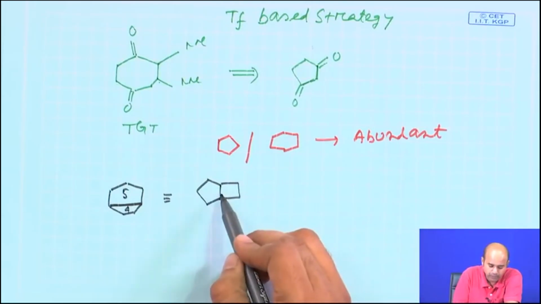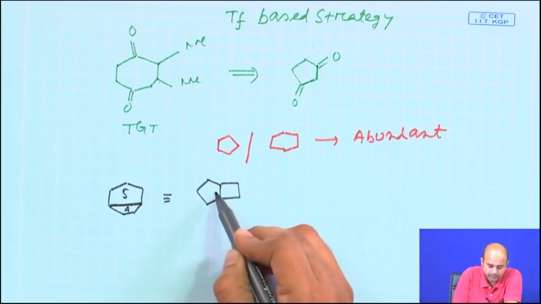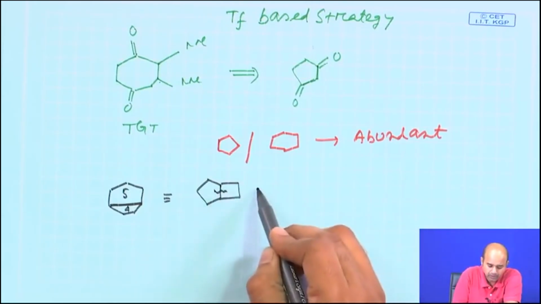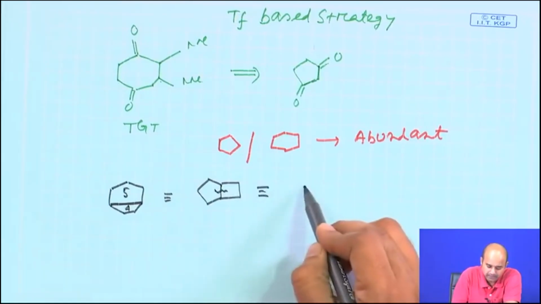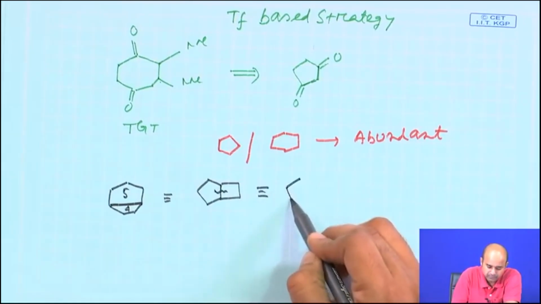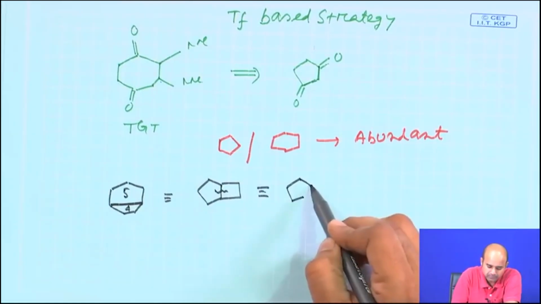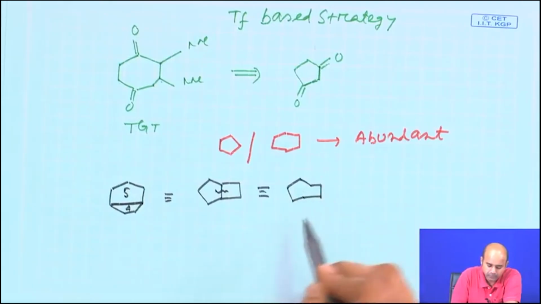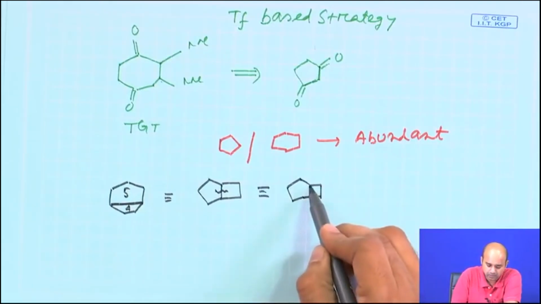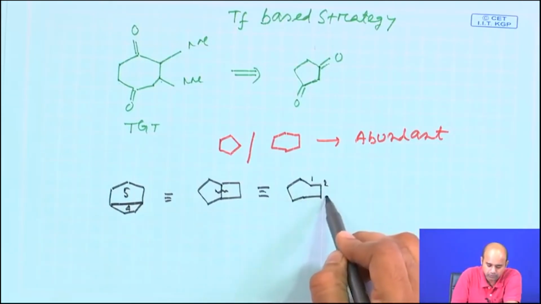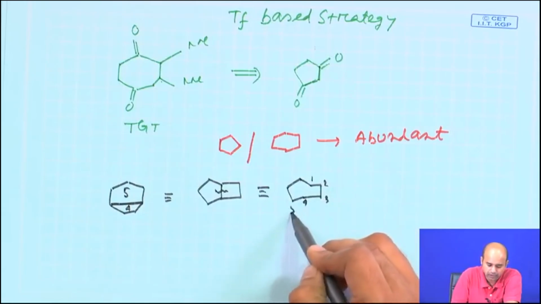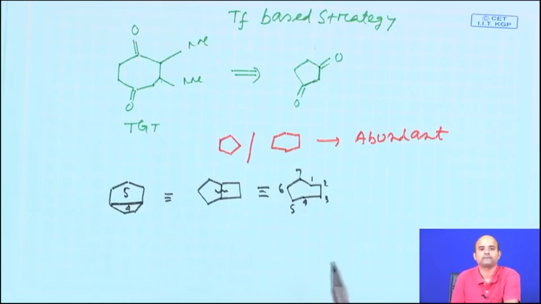Now, somehow if you can access this kind of ring and you break the middle ring, what you will get? You will basically get a, what is this? A 7 member ring. 1, 2, 3, 4, 5, 6, 7.